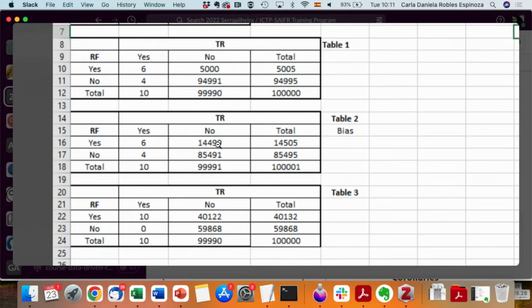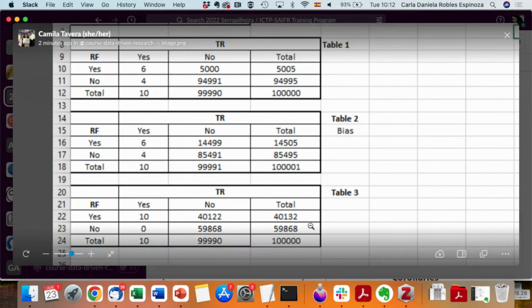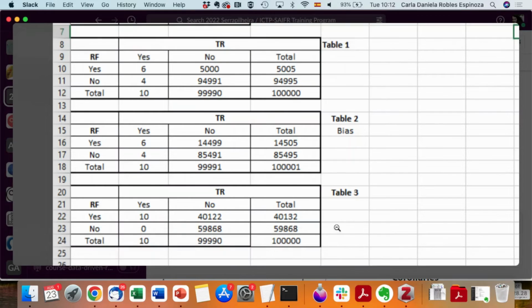And in the third table, the multiple studies one, we see that there are fewer false positives and false negatives. We have more accurate answers, even with a range that is particularly strange to me, that is 0 false positives, which was strange. But we see a higher number of true negatives compared to false negatives.